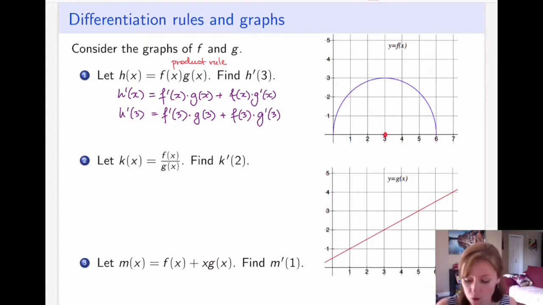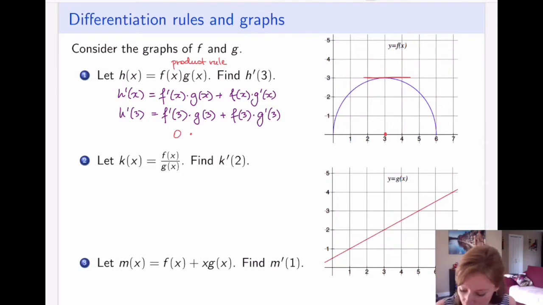What is the slope of the tangent line at 3? Well, I have to sketch myself a little tangent line here, and I notice that the slope here is 0. So this value is 0 times g of 3. Now, it doesn't really actually matter what g of 3 is, because anything times 0 will be 0, but I'm going to write the number in just for completeness.